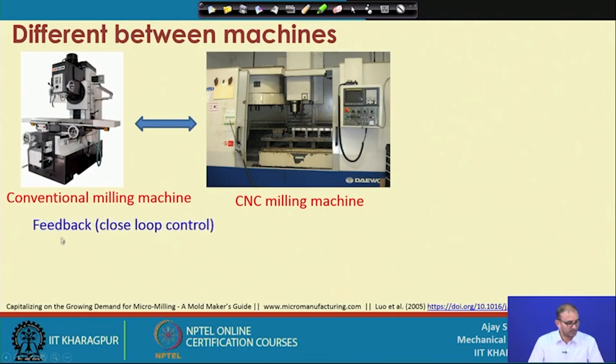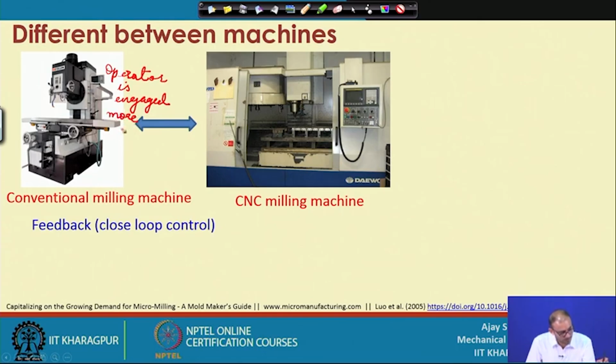So, here if you see this thing, one is the feedback and closed loop control. So, here in the conventional machine, mostly what we do, that operator is engaged more in the conventional machine, correct.